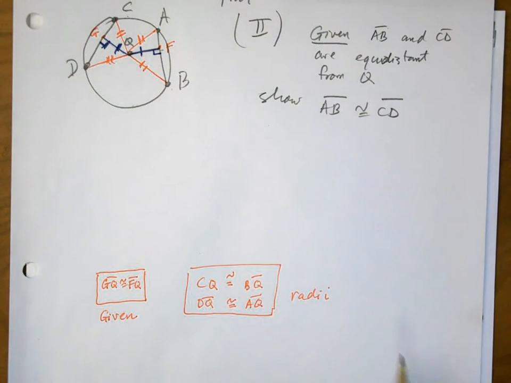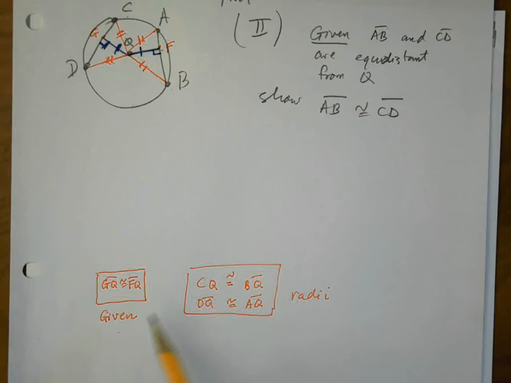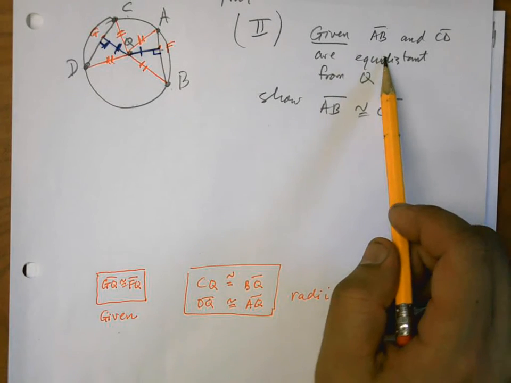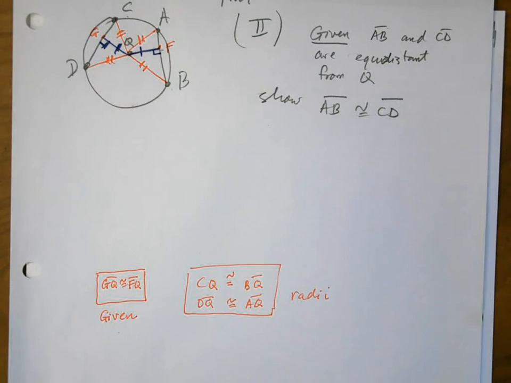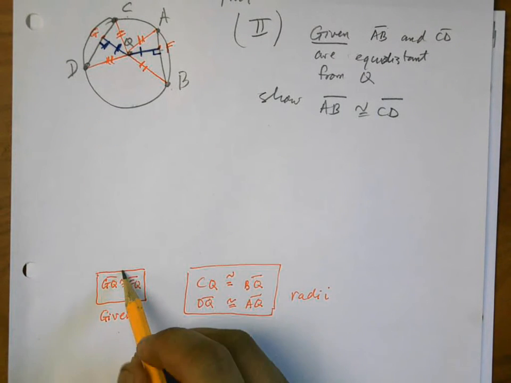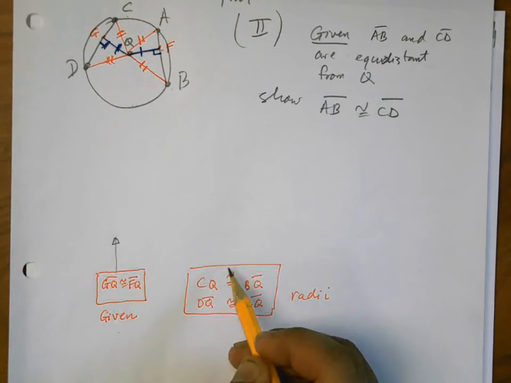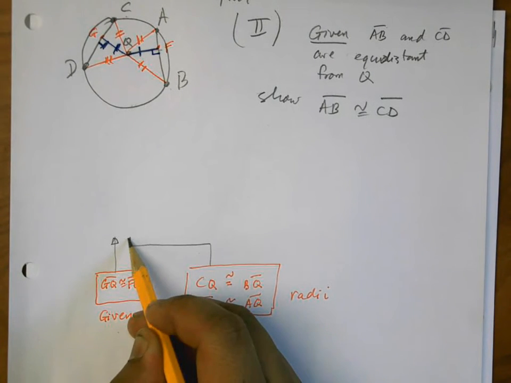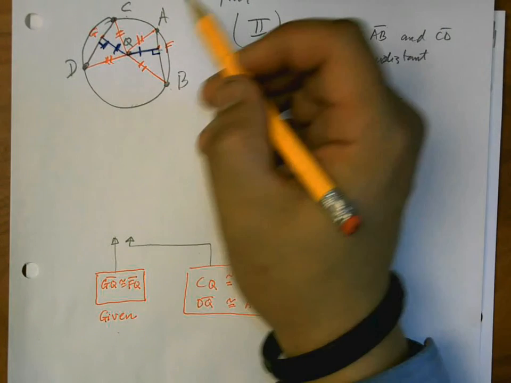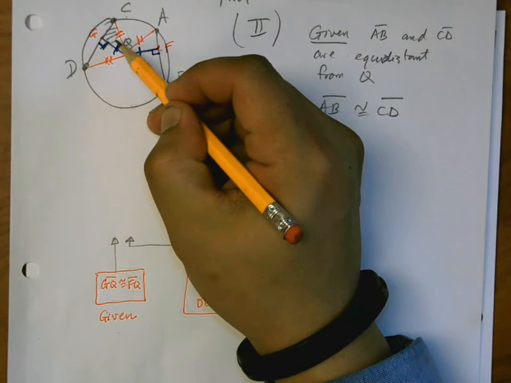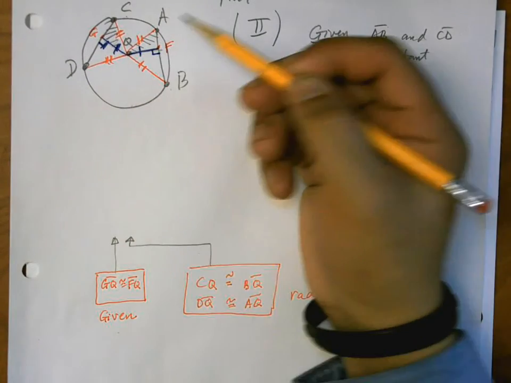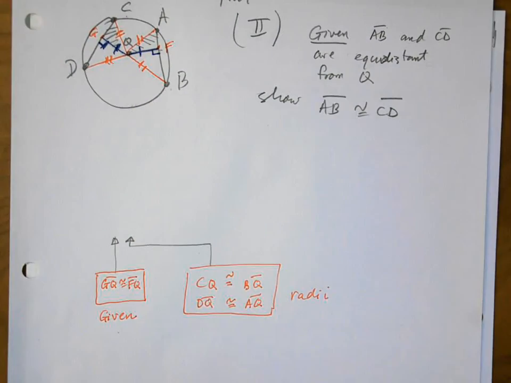The blue segments are also the same. And that was just given in the problem, that AB and CD are equidistant from the center. Okay? So now these 2 items together help me to show 2 important things. It helps me to show first that these 2 triangles here are congruent by hypotenuse leg.